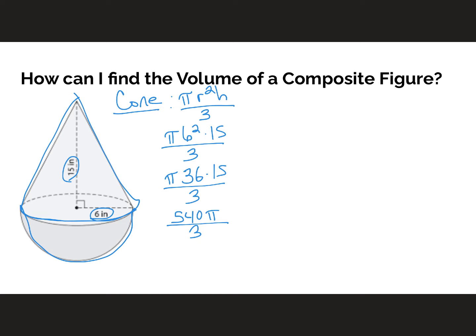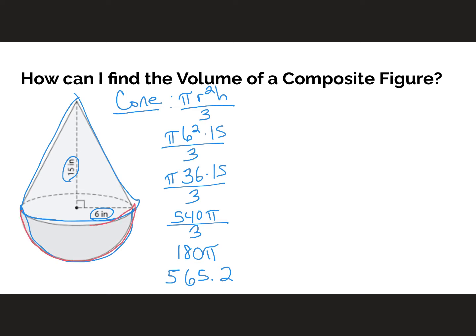Here I'm just going to do 540 divided by 3 first, which gives me 180 pi. And remember, we can get that a little more exact by multiplying that times 3.14. So that gives me my cone has a volume of 565.2.